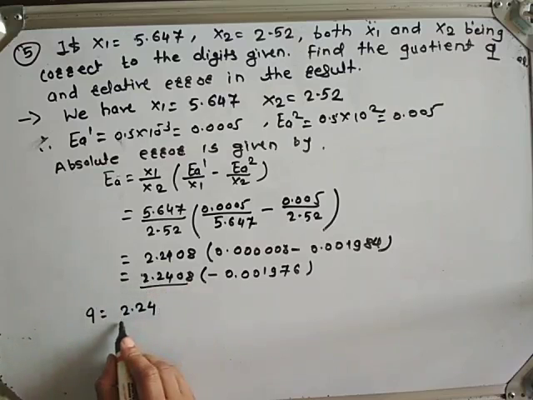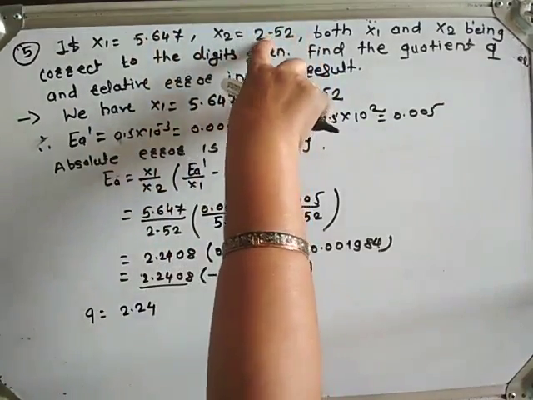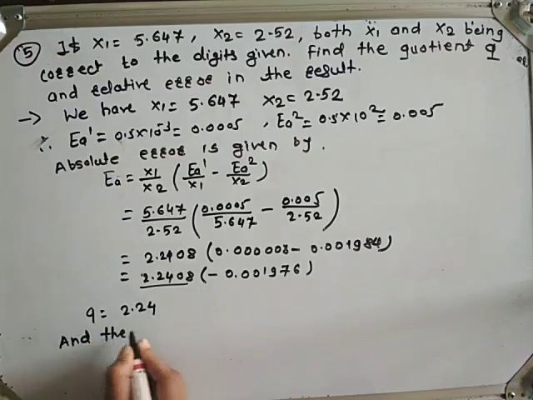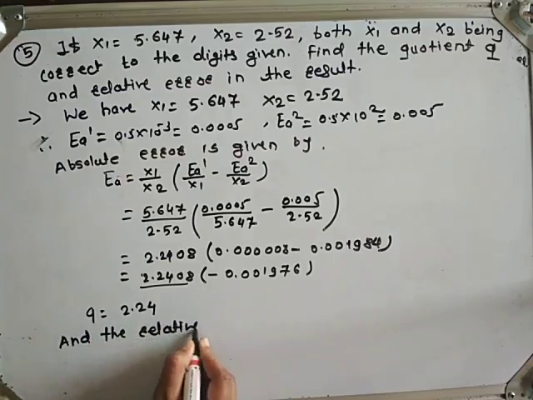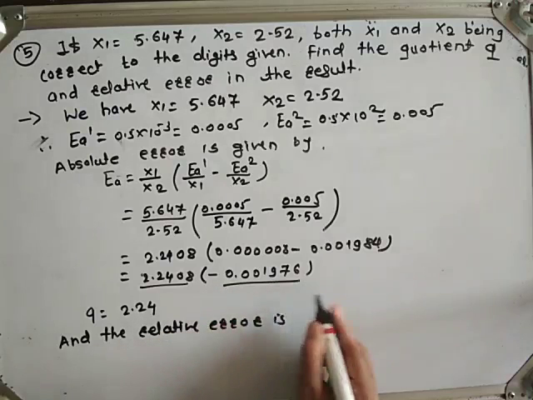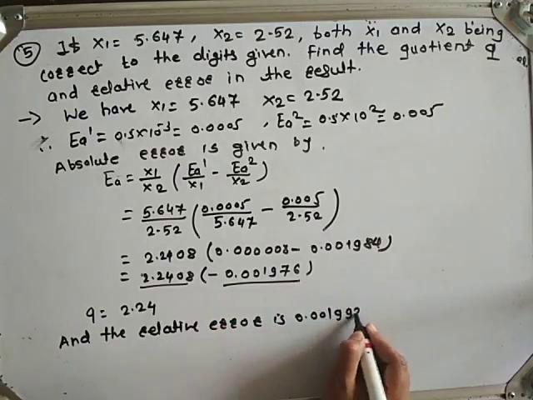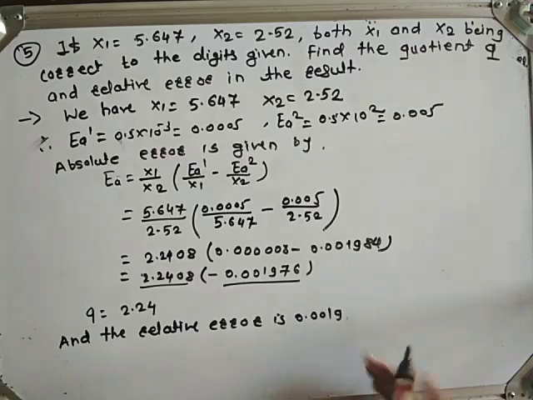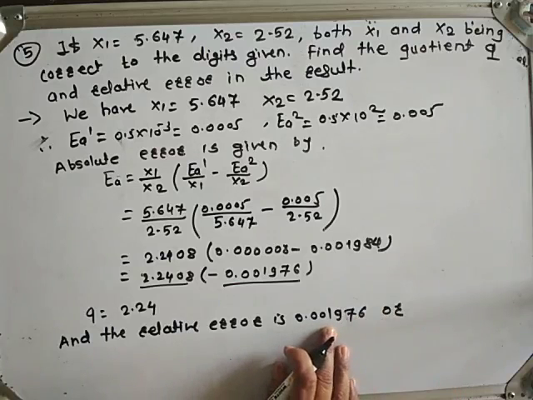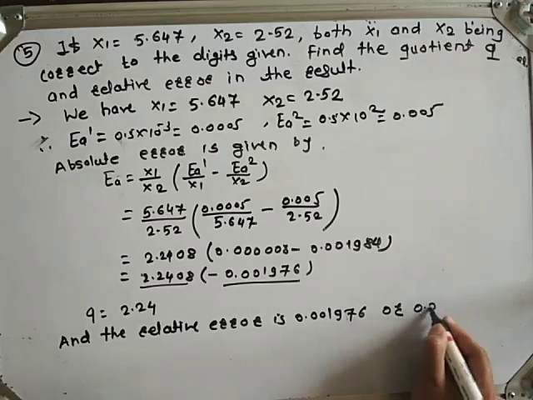We round off this number to 3 significant figures, because in these two numbers, this number is rounded to 3 significant figures. And the relative error is 0.001976, or if we round this number to one significant figure, we get 0.02.